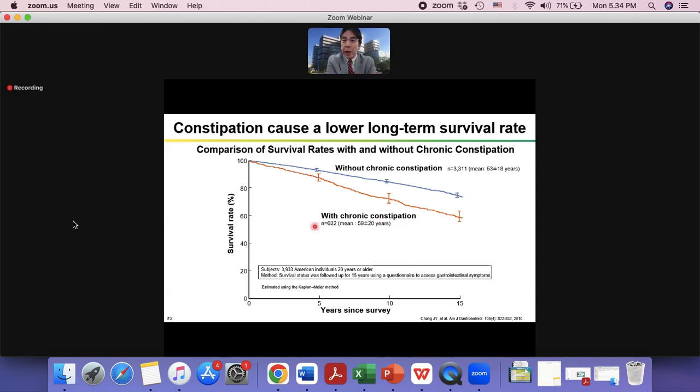In Japan, the aging population is a problem. In Japan and Western countries, the treatment of constipation is of critical importance. This slide shows that constipation causes a lower long-term survival rate.